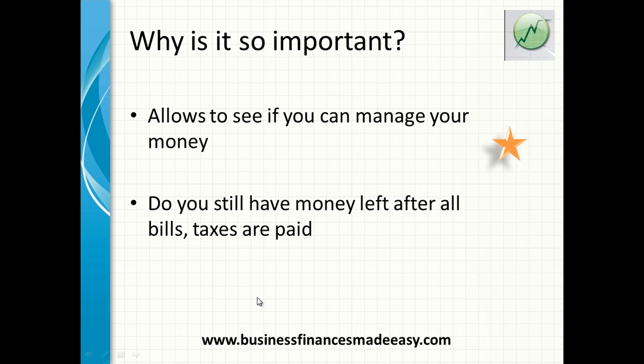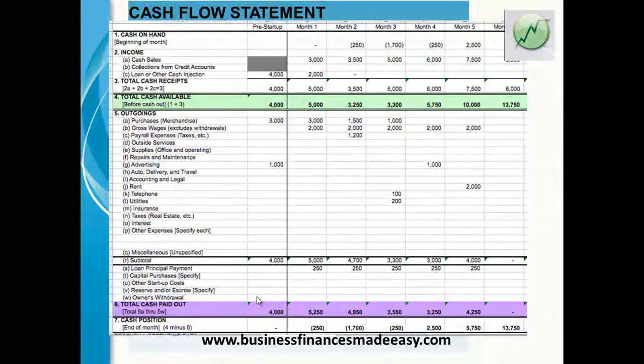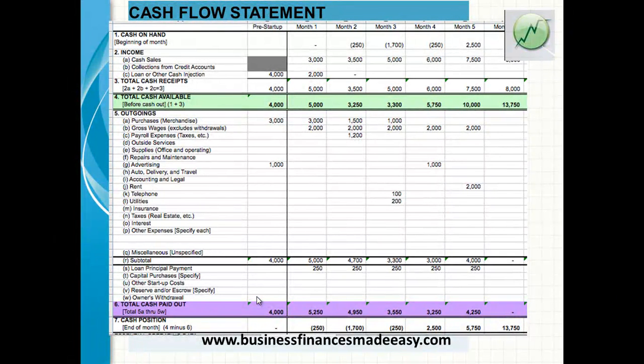Why is it so important? As we've talked about, this financial statement allows anyone to see if you can manage your money well or not, and also to see if you have some spare cash left after all of your bills and taxes have been paid. Again, we come back to this example.